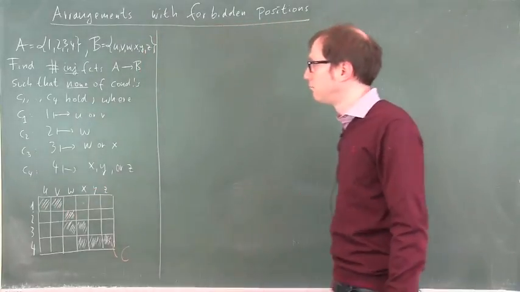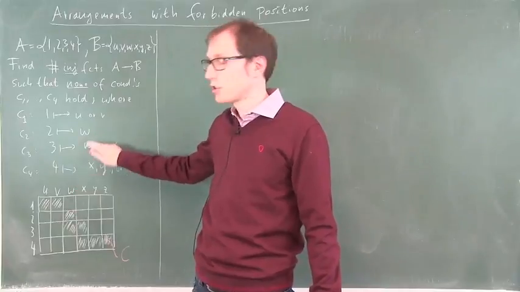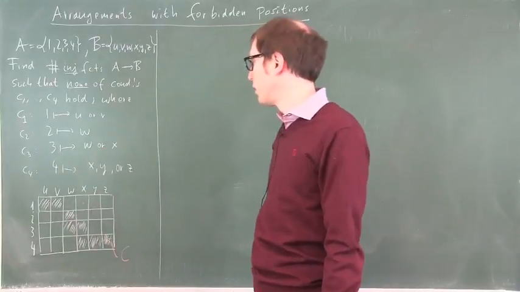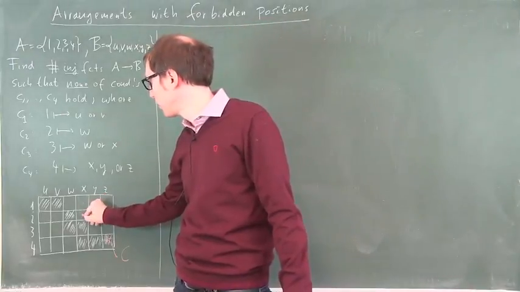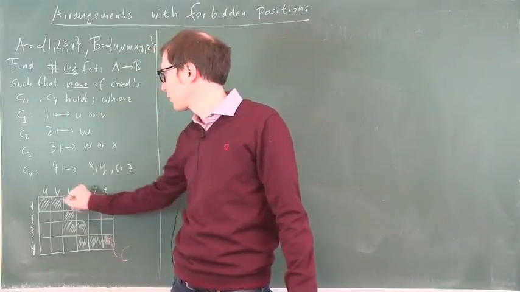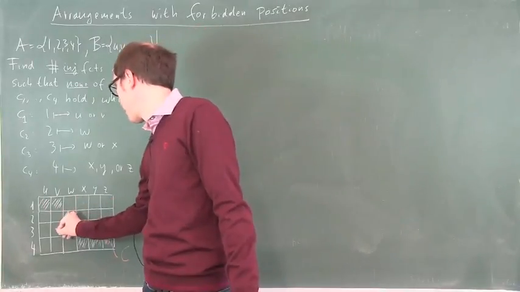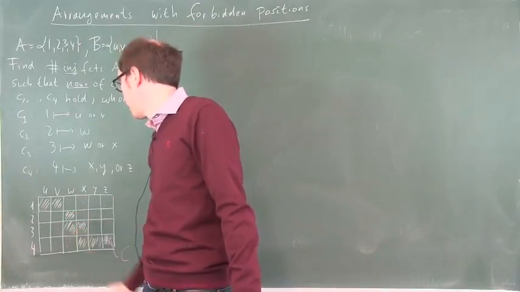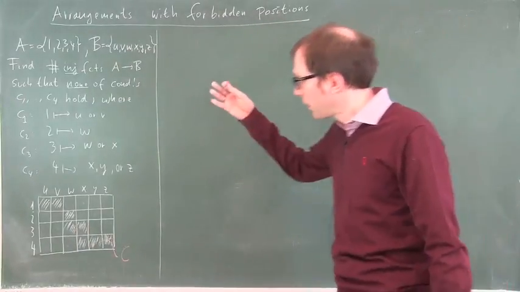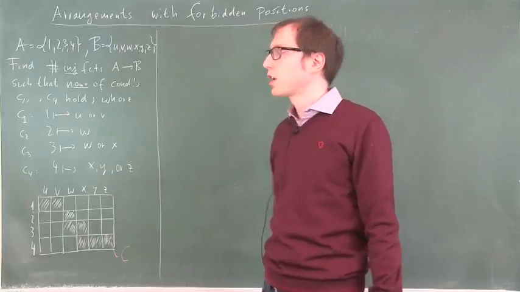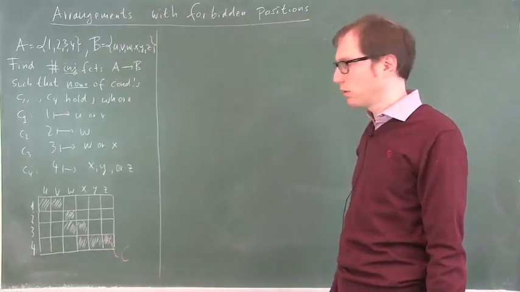Now 2 should not go in here, because the function shouldn't satisfy this condition. But also it should be injective, so it cannot go in here, because then 1 would go to X and 2 would go to X, and the function wouldn't be injective. Maybe it goes here, and so forth. So this would represent one injective function satisfying none of these conditions.